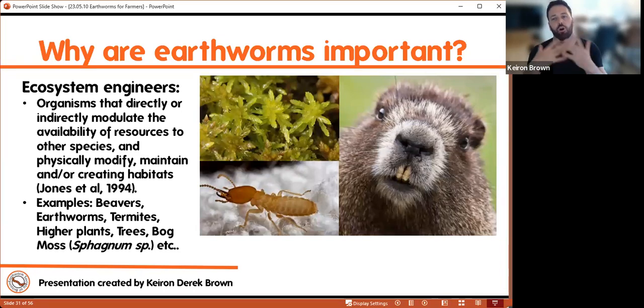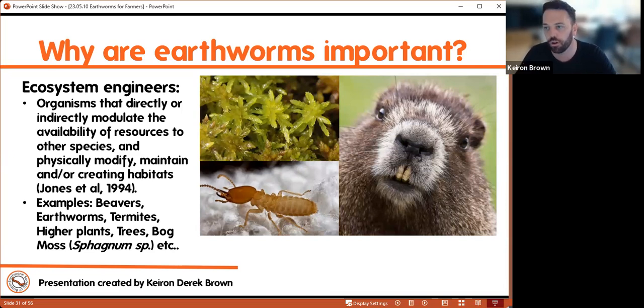So some really obvious examples in the animal world would be beavers. Beavers will dam up trickles of water so that they create this wetland habitat, which is perfect for them. So that you don't get beaver habitat unless you've got beavers, essentially.